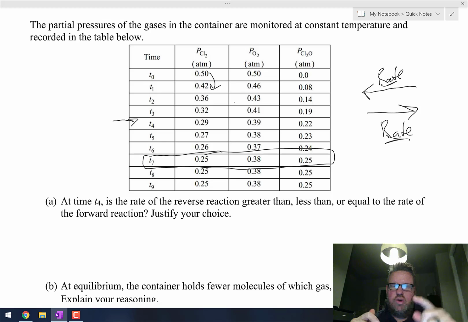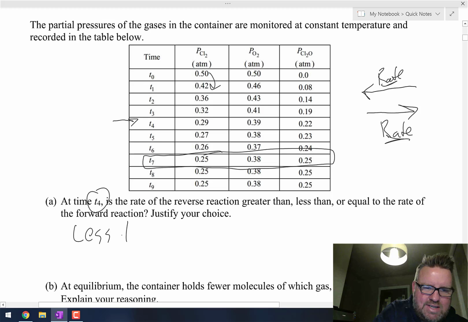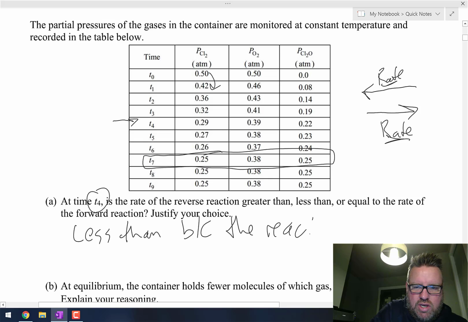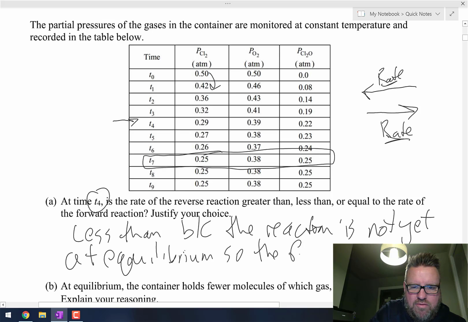Until you reach equilibrium, the forward reaction is going to go faster, and the reverse reaction is going to be slower. So at time 4, is the rate of the reverse reaction greater than, less than, or equal to the rate of the forward reaction? It absolutely is less than, because the reaction is not yet at equilibrium, so the forward reaction is faster, or has a greater rate.